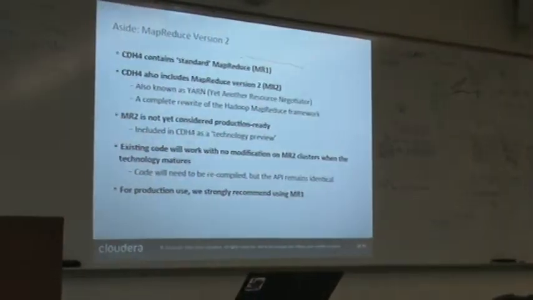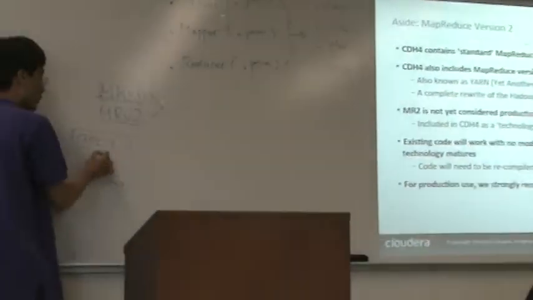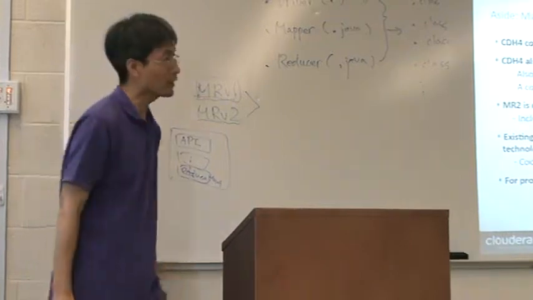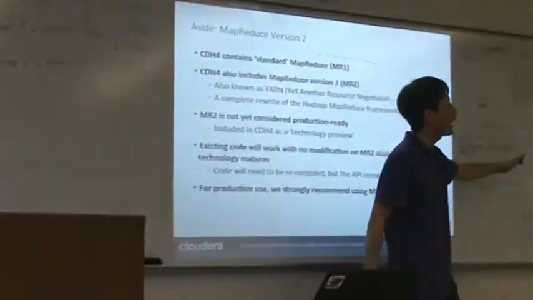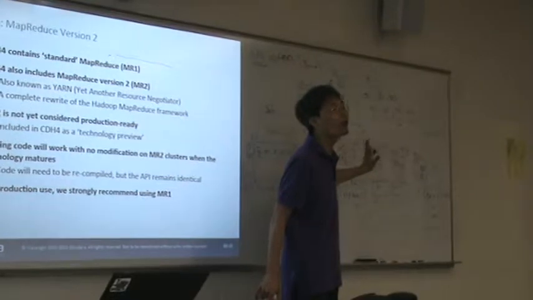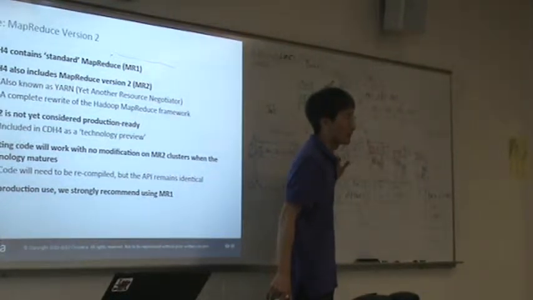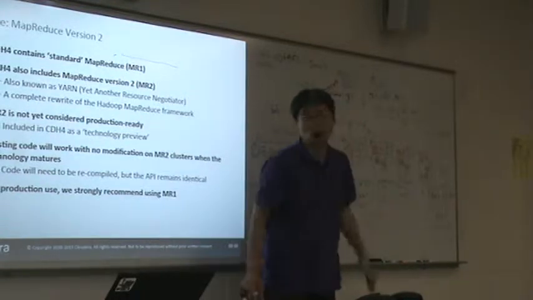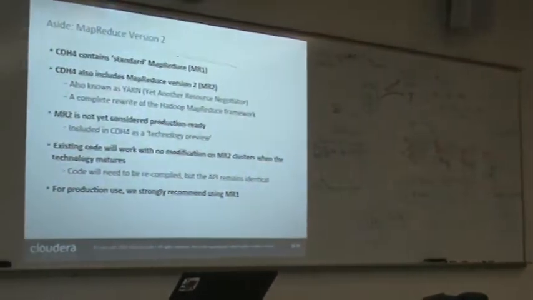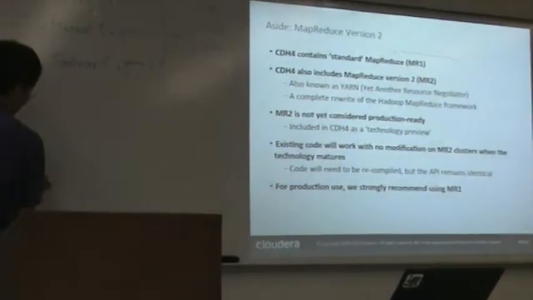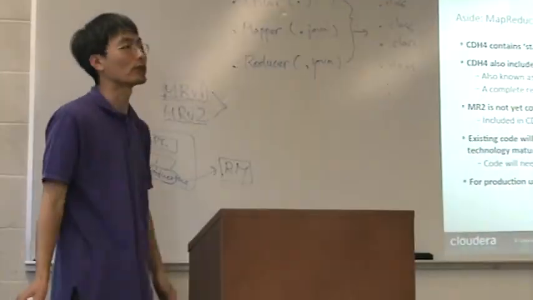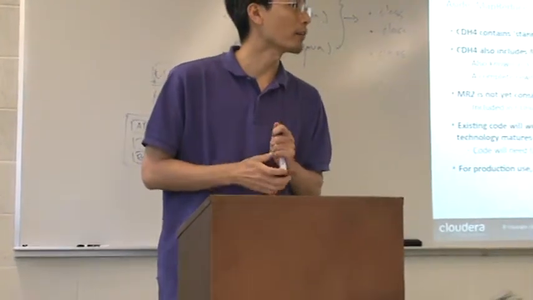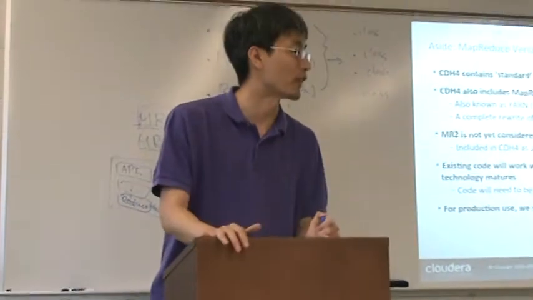However, in MapReduce version 1, the resource manager is included in the MapReduce system, which means MapReduce programming runs only on Hadoop's distributed file system, HDFS. So they wanted to separate this part, the resource manager, in version 2, which means you can use MapReduce programming on non-HDFS.